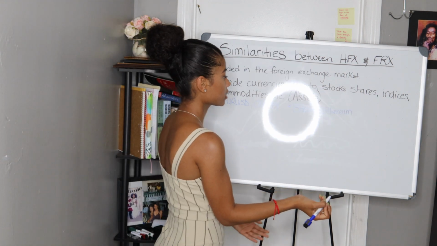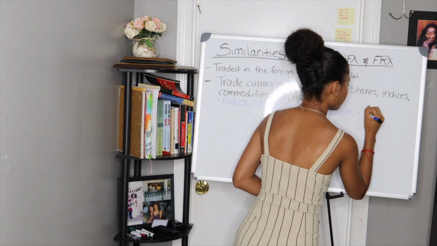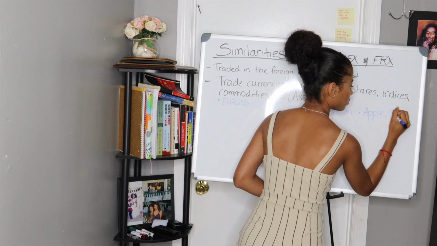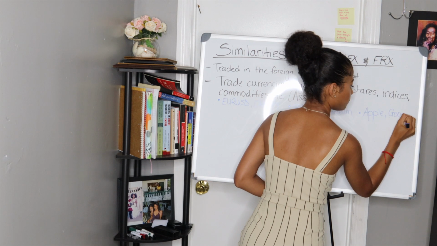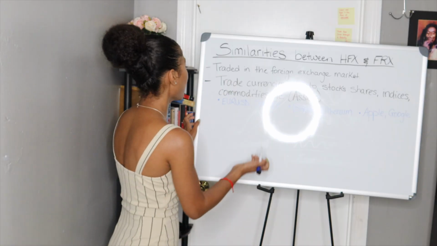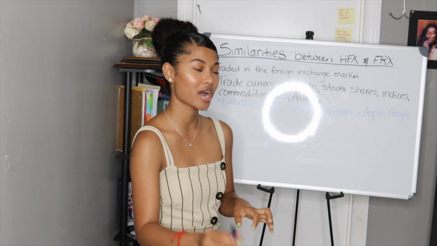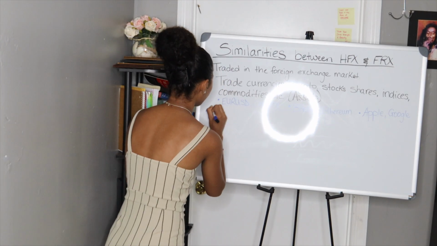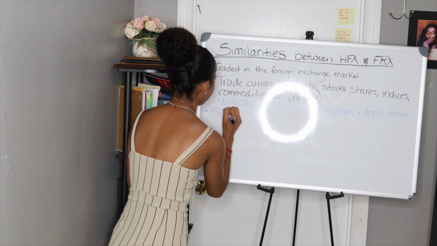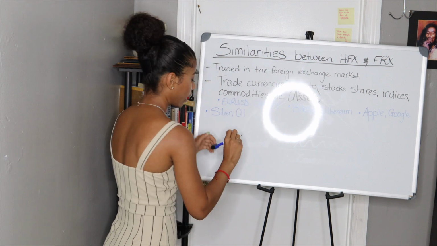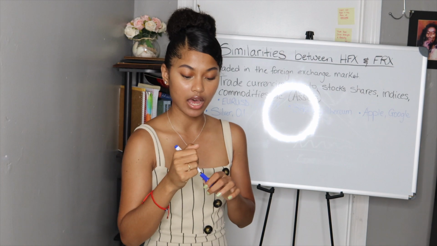Example of stock shares could be Apple or Google. These are like popular ones. Now commodities. A very popular commodity that you can trade is silver. And then you have oil. So these are just some examples of each.